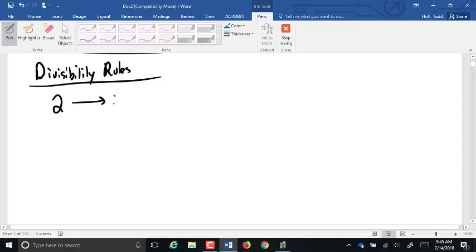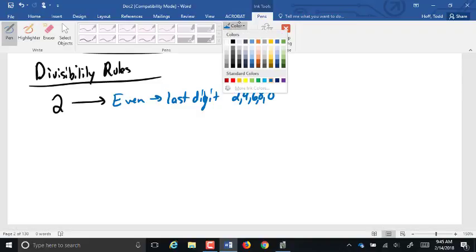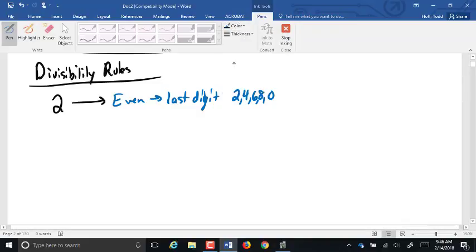An even number. And to specify an even number means the last digit is 2, 4, 6, 8, or 0. If the last digit of the number is 2, 4, 6, 8, or 0, it can be divided by 2.